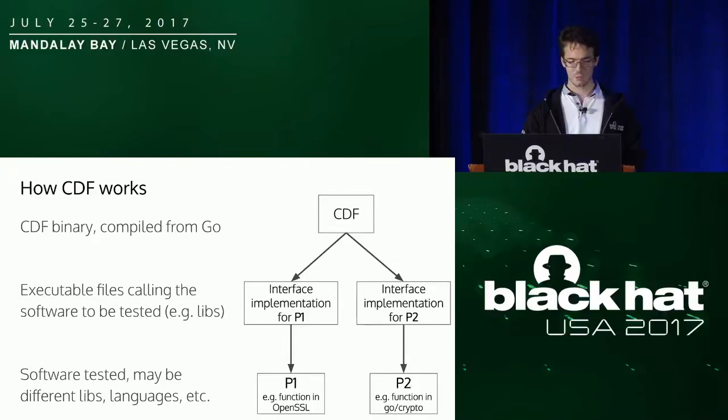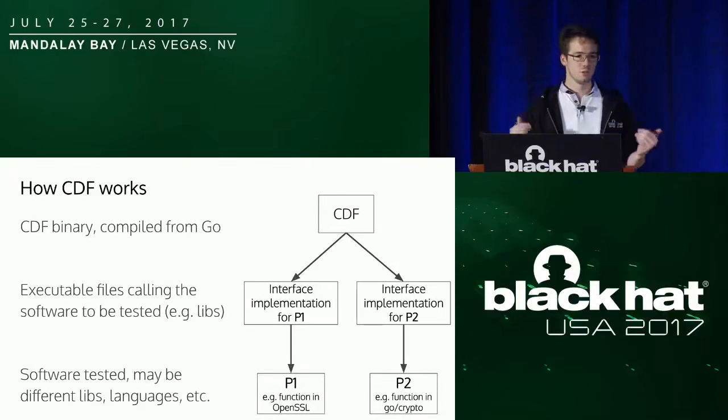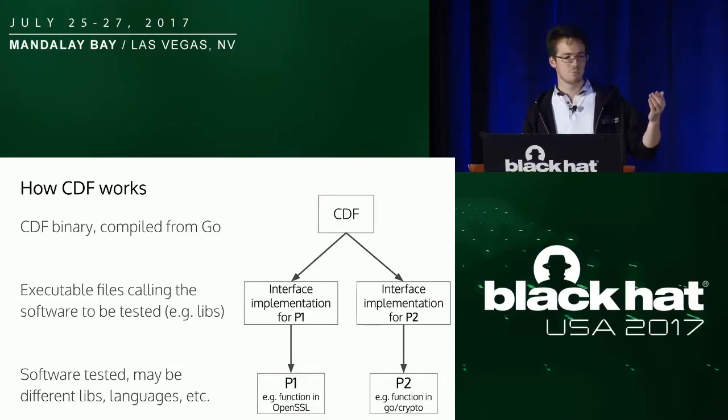So for example, there you've got CDF on top. That's the binary or program, and it will try to communicate with your library on the bottom through the proxy interface programs. So if you get, I don't know, an OpenSSL implementation, you make a little program to just proxy the OpenSSL API calls to our API, and you do the same for yours, and you can compare them.